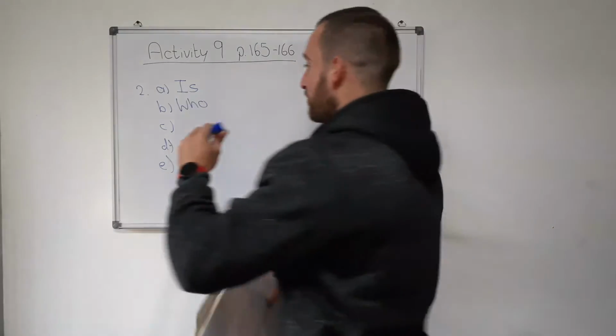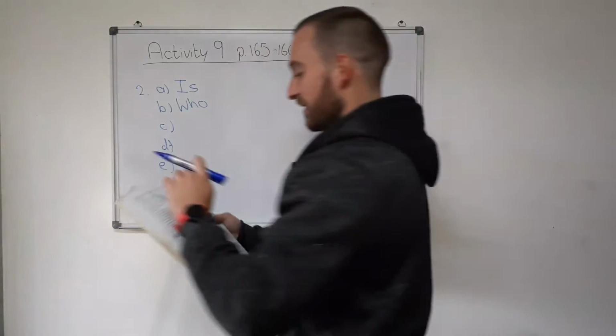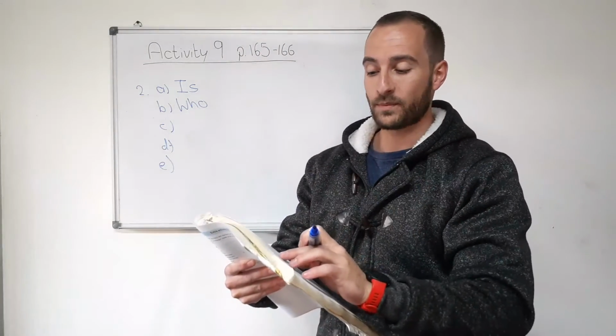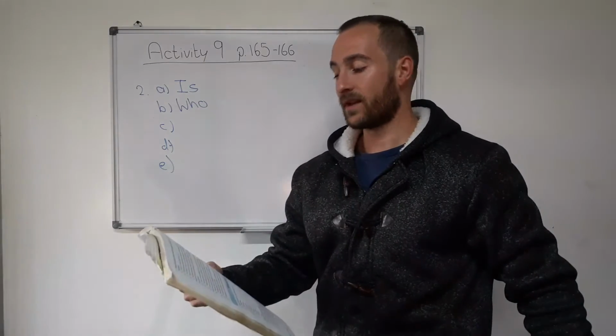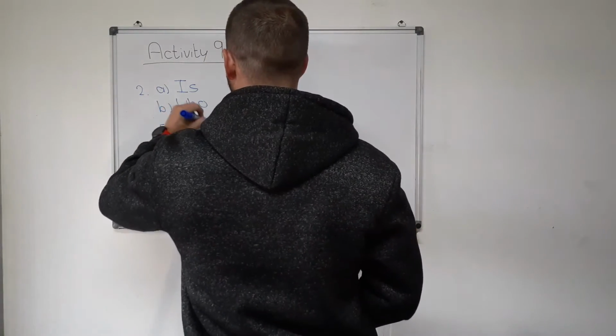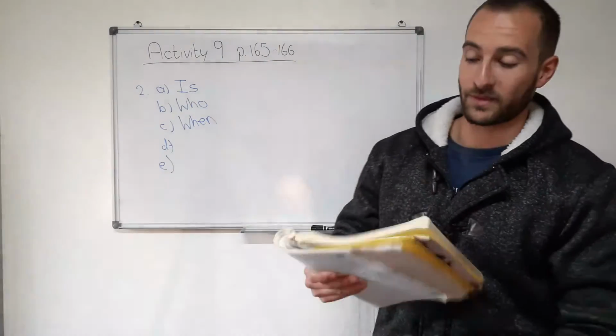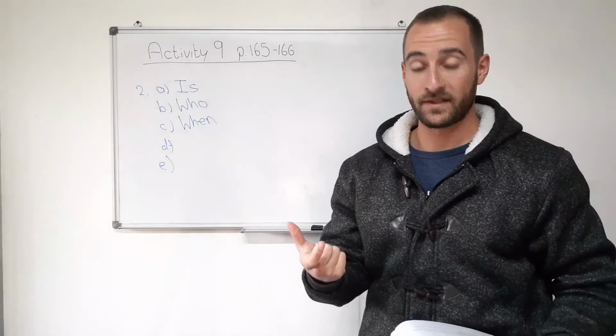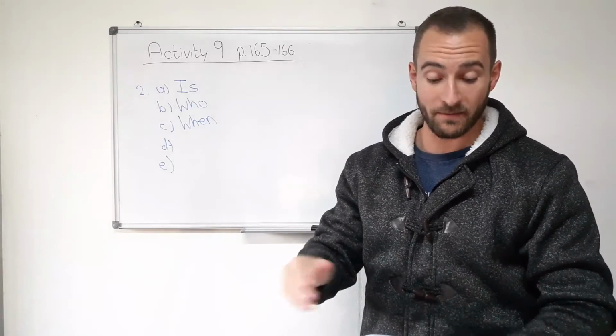Now we get on to C, next one. The question reads like this, with a sentence: The grade 10s put on a most entertaining play last week, and I start with when. Again, I ask myself the question, what is this word looking for? It's looking for a time. So let's see if anything indicates time in the sentence.